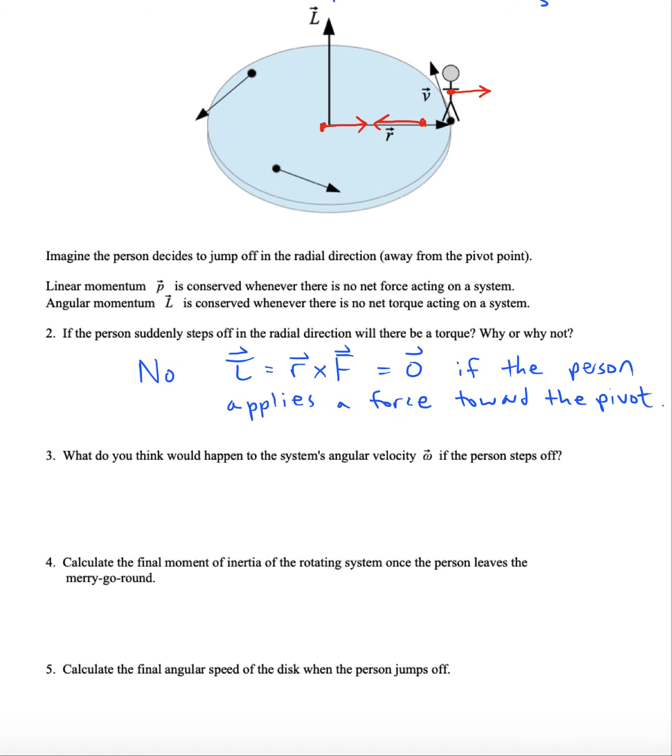All right, so that's good to know. There won't be any net torque on the system. What do you think should happen to the angular velocity if the person steps off? Will the disk continue to rotate with the same angular speed of 4 radians per second that it had initially, or will that angular speed change?